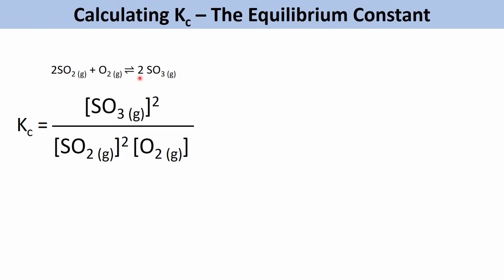This is called the contact process, making sulfur trioxide from sulfur dioxide and oxygen. If we were to write an expression for Kc, Kc is equal to the concentration of sulfur trioxide raised to its coefficient divided by the concentrations of sulfur dioxide raised to its coefficient and oxygen.